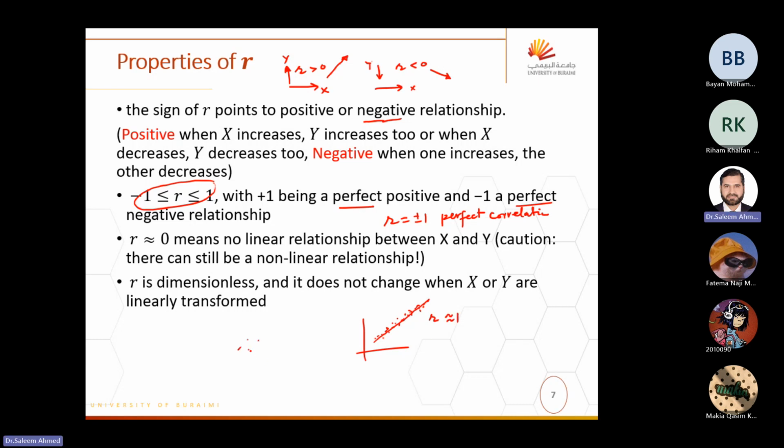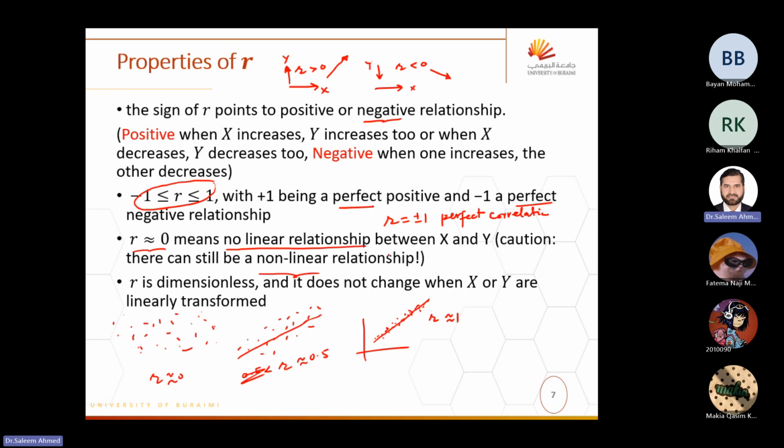But if values are scattered like this, but we still see some relationship, then R will be smaller, maybe close to 0.5. And if R is close to 0, then there is no relationship at all. Values are going here and there. We see no relationship in the variables. So R approximately equal to 0 means no linear relationship between X and Y.